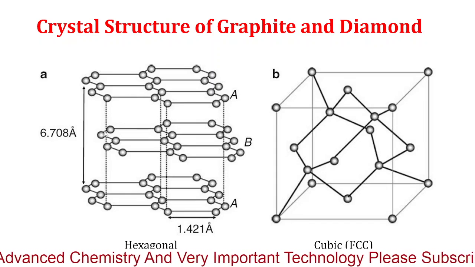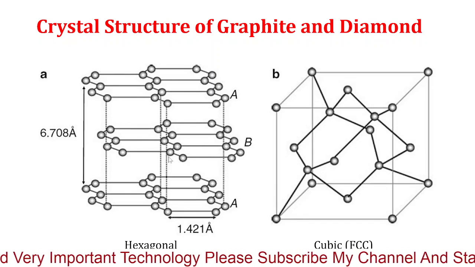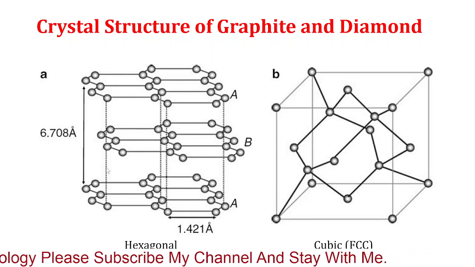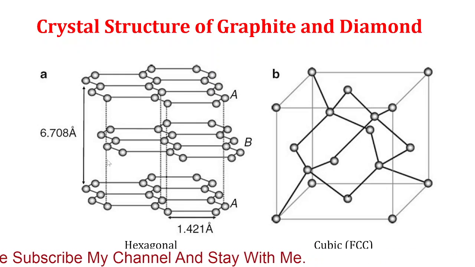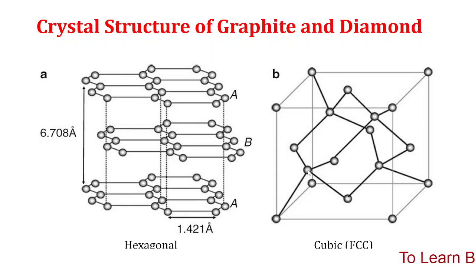That means within this layer they have very high attraction force, while from this layer to this layer the attraction force is very low. Therefore it is very easy to slide one layer over another. But here each carbon is attached with four different carbons with very strong force of attraction.